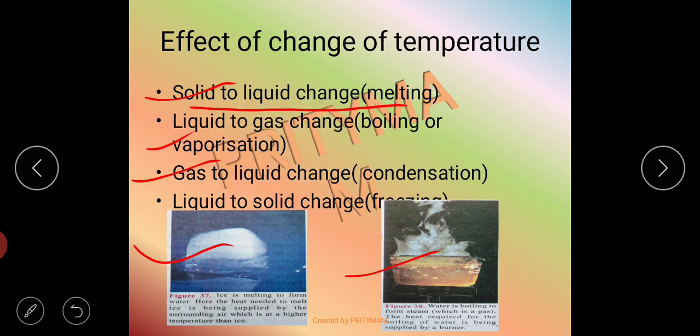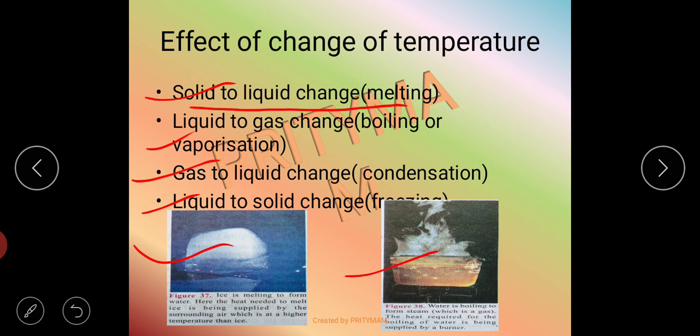Now let's discuss liquid to solid change, means freezing. When water is cooled by lowering the temperature by keeping it in the freezer compartment of a refrigerator, it changes into solid ice. The process of changing a liquid into a solid by cooling is called freezing.